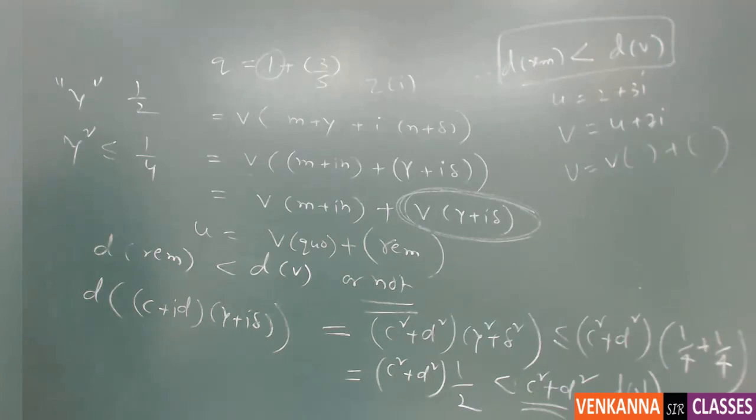Therefore, the ring of Gaussian integers is a Euclidean ring. That was the conclusion which follows. If you are interested, let us discuss the construction of what is taken there. We can do that.